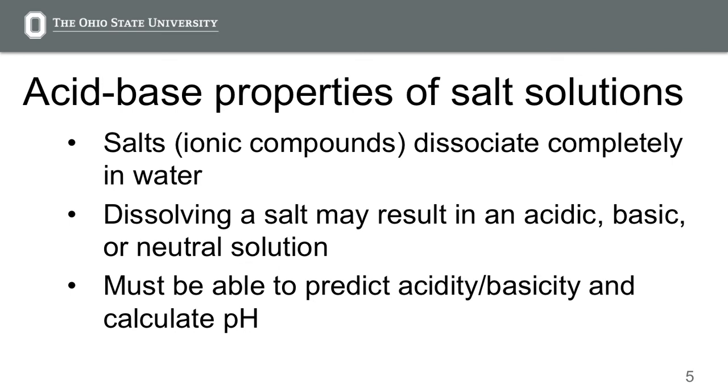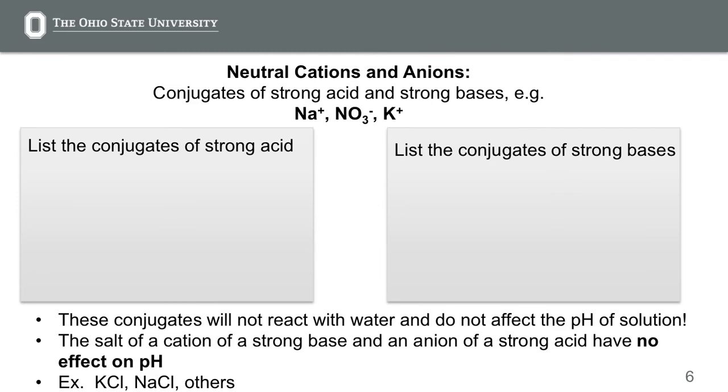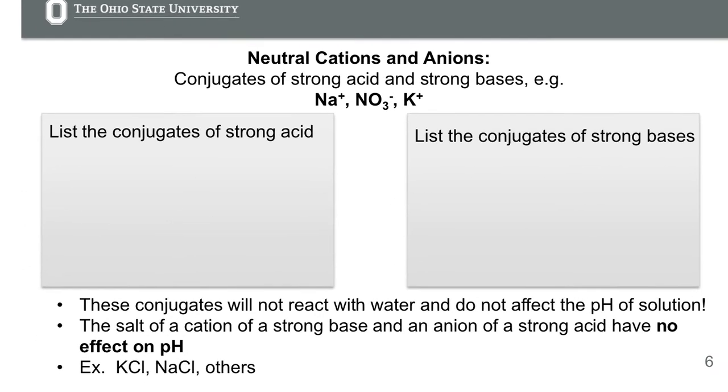Now, I will recommend writing out equilibrium, writing out dissociation, because I think that is incredibly helpful to keep you on track and help you see what is happening. We're going to work through some examples, and I'll show you what I mean. But first, let's ignore this slide a little bit.